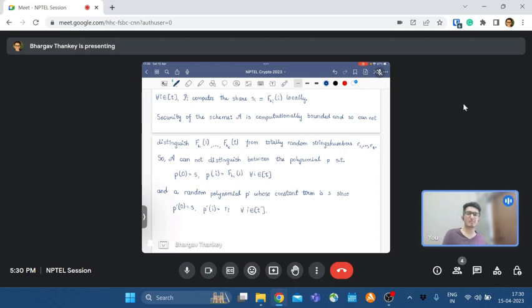So since A is computationally bounded, it cannot distinguish between P and P prime.